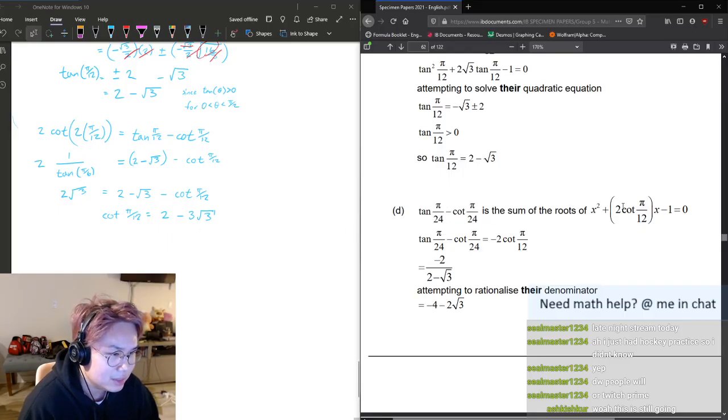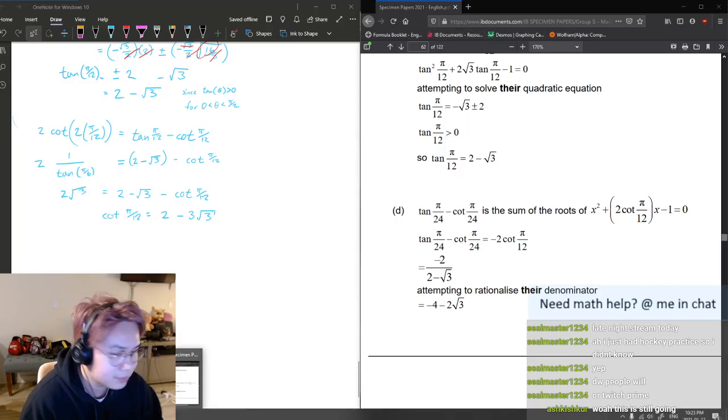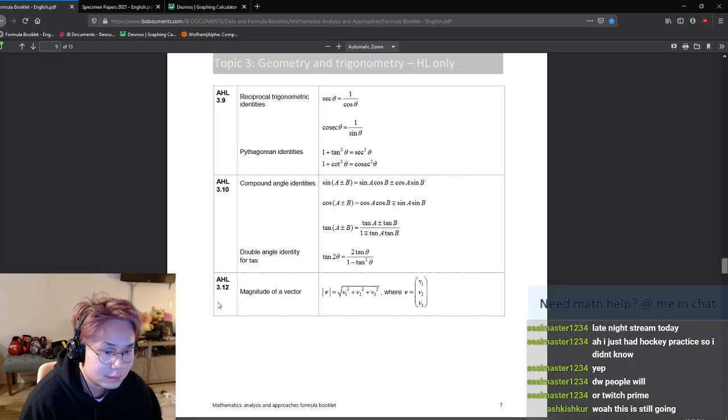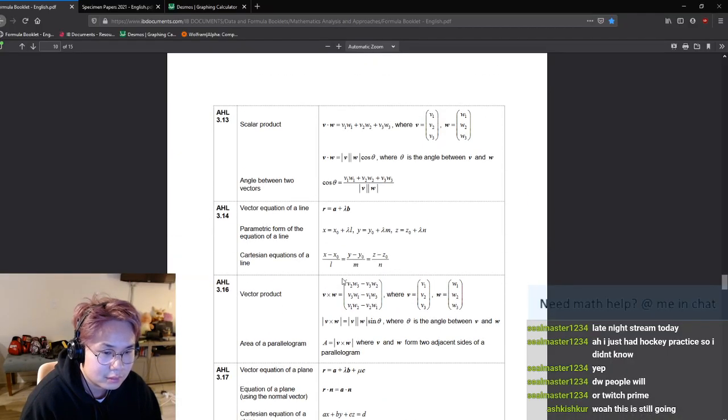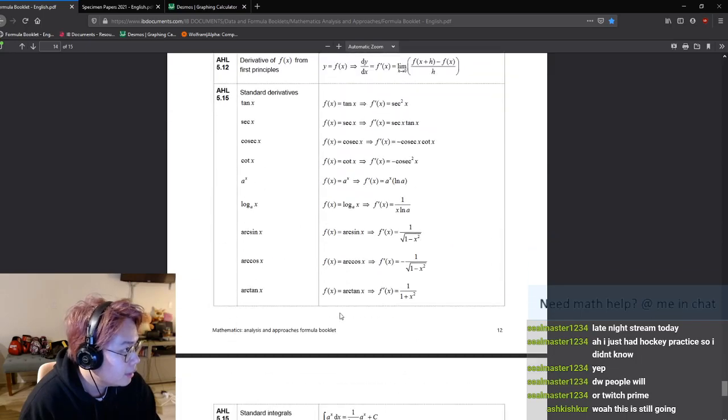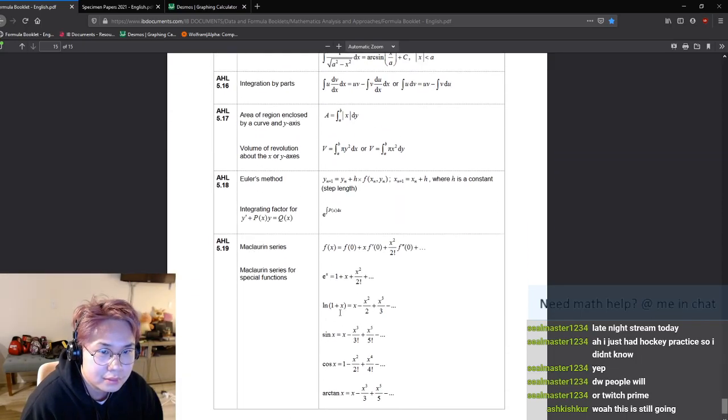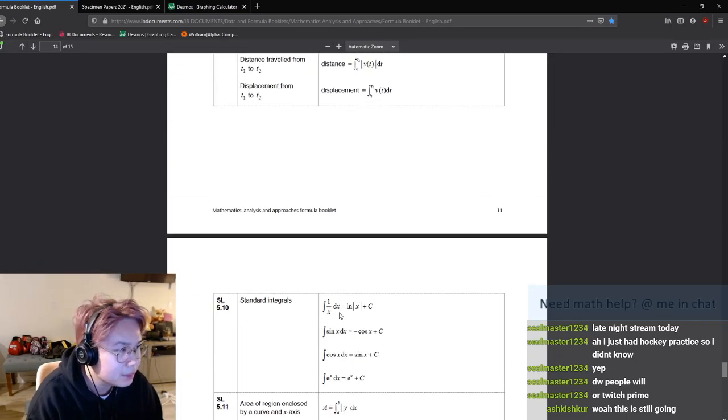Okay, this is a sum, so then these two are equal. Oh, did I forget my Vieta formulas? Where is that, topic 2?